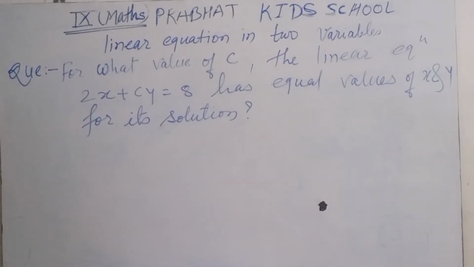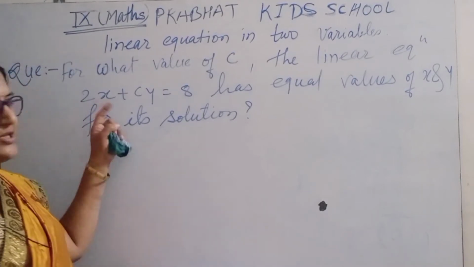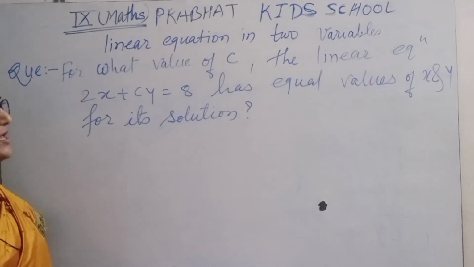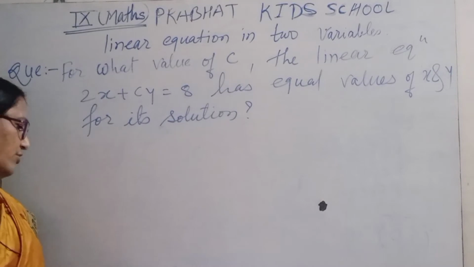Now the next question is, for what value of c does the linear equation 2x plus cy is equal to 8 have equal values of x and y for its solution?